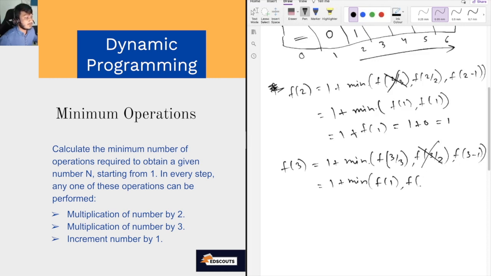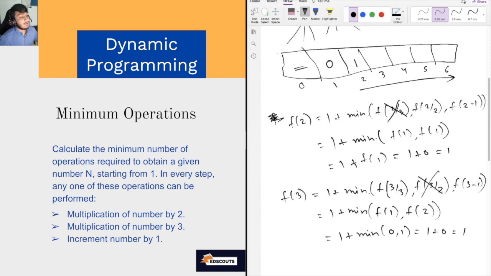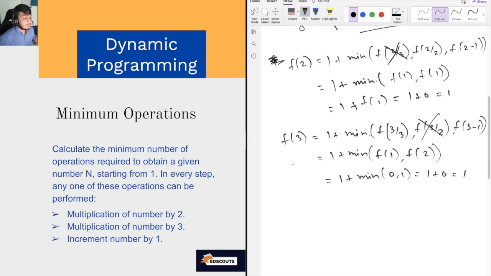F of 3 minus 1 is f of 2. So 1 plus minimum of f of 1 comma f of 2. F of 1 is 0 and f of 2 is 1. So minimum of 0 comma 1 is 0, and 1 plus 0 is equal to 1. So that means to get the value 3 starting from 1, we only require one operation. What is that operation? We will multiply the number by 3, right?